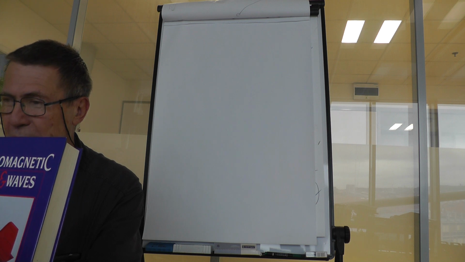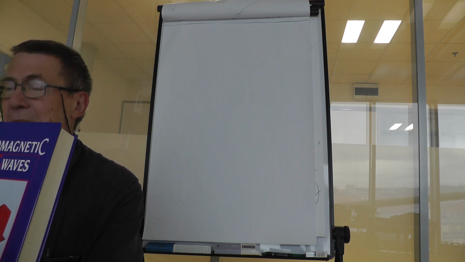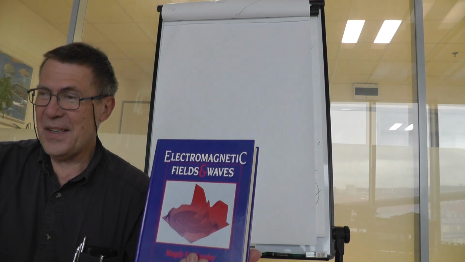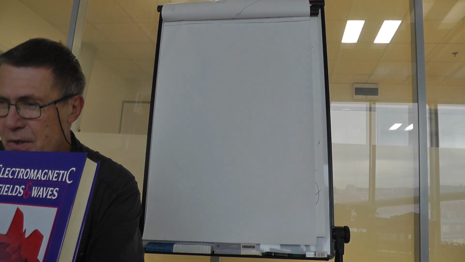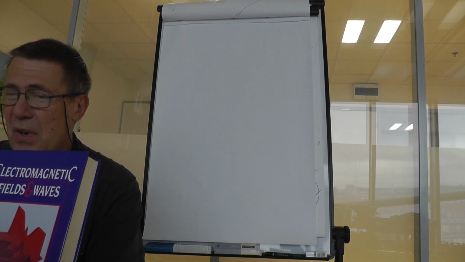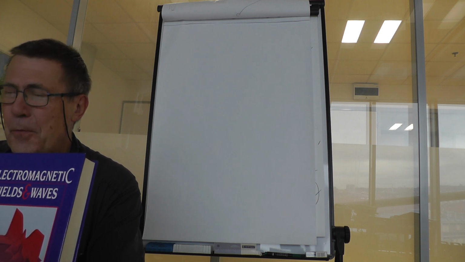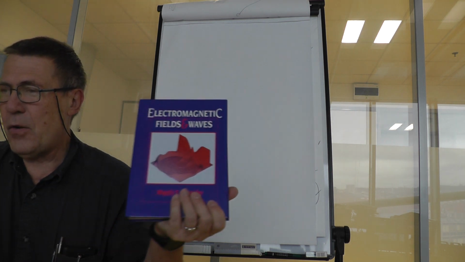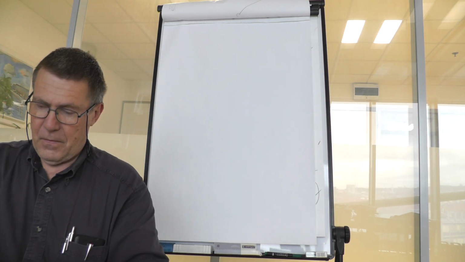This book, first, is well written. Second, I recommend it to you. And third, we have bought plenty of those books for you, so that you can borrow them in the library. The university library has 100 pieces, so it's well enough for anybody who wants to study this subject. So if I can recommend you a book, this is the book for you.